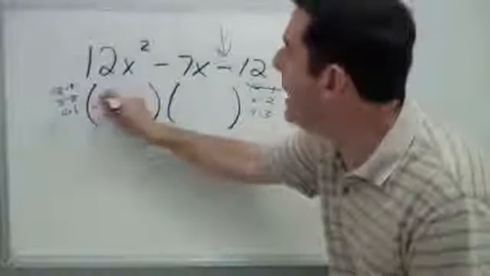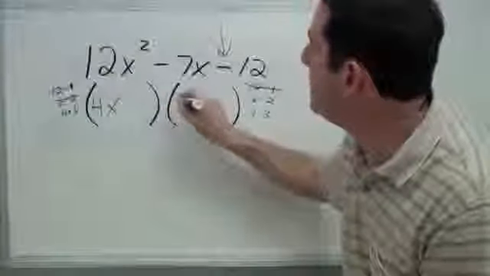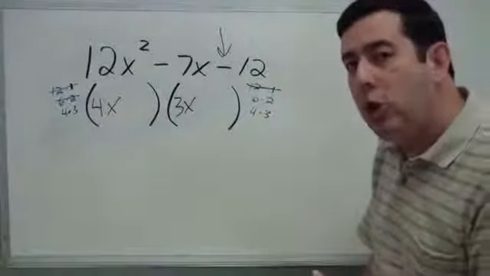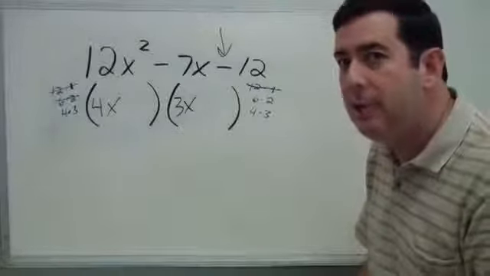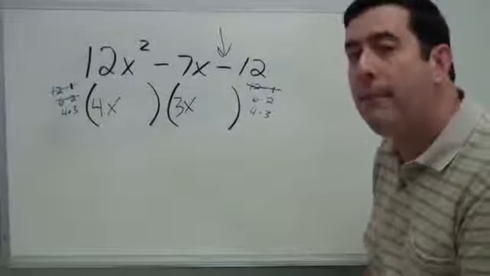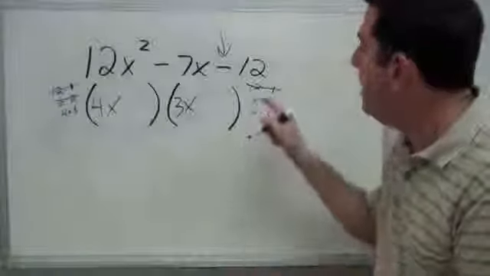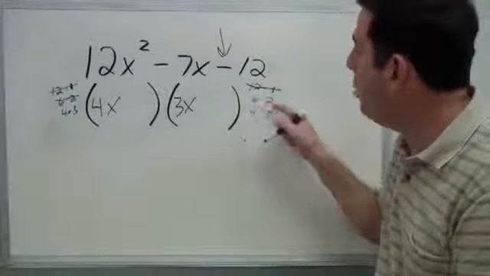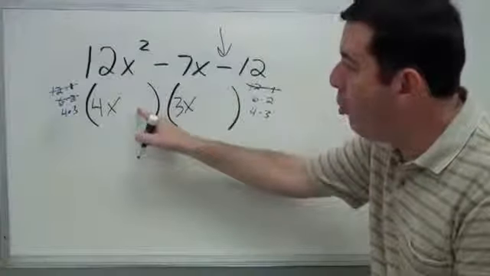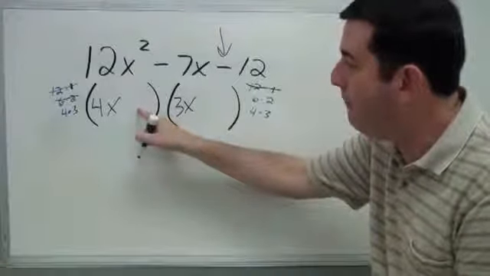That means I need to use 4x with 3x. Now, as we look to try to pair these things up so that it'll give us the right middle term, look at how our no common stuff helps us again. 6 and 2 are both even numbers in blue. They can neither one be paired with that 4.